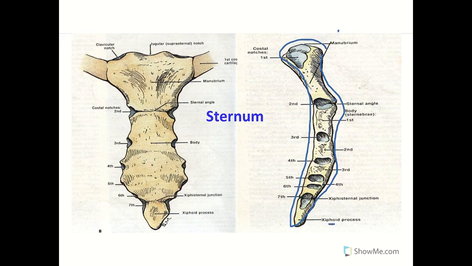If you put your finger in the suprasternal notch and go in the midline until you reach this transverse ridge, this is the sternal angle, the site for attachment of the second rib. Just like the second rib, the second space, and third rib and third space, fourth space, and go on.